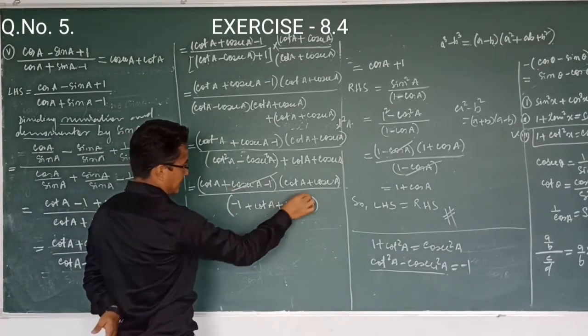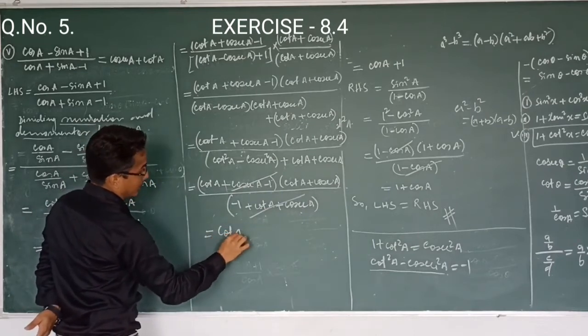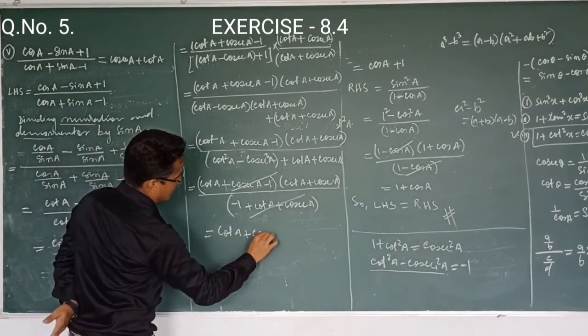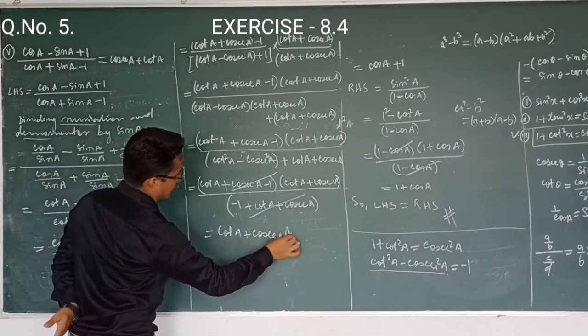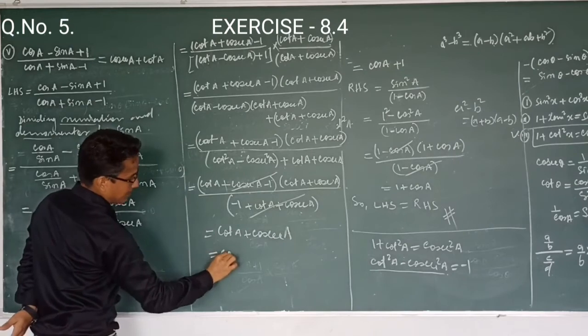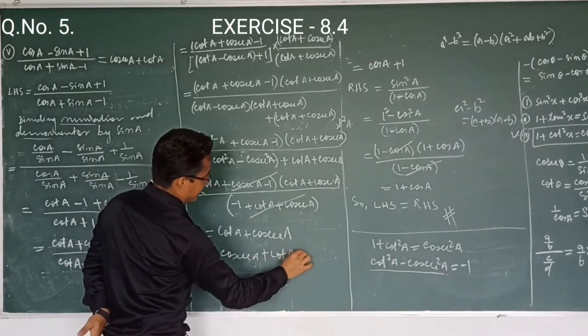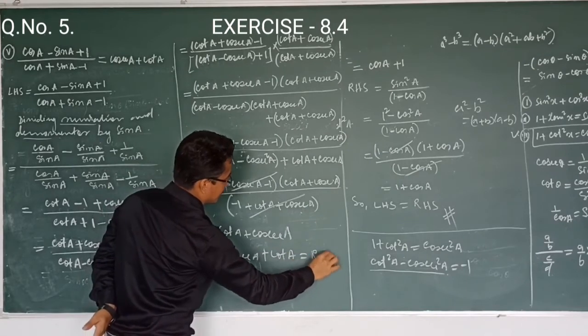So I cancel it directly, then what we will get, cot A plus cosec A, okay. Let's see, this is our right hand side. Arrange it, cosec A plus cot A equal to right hand side.